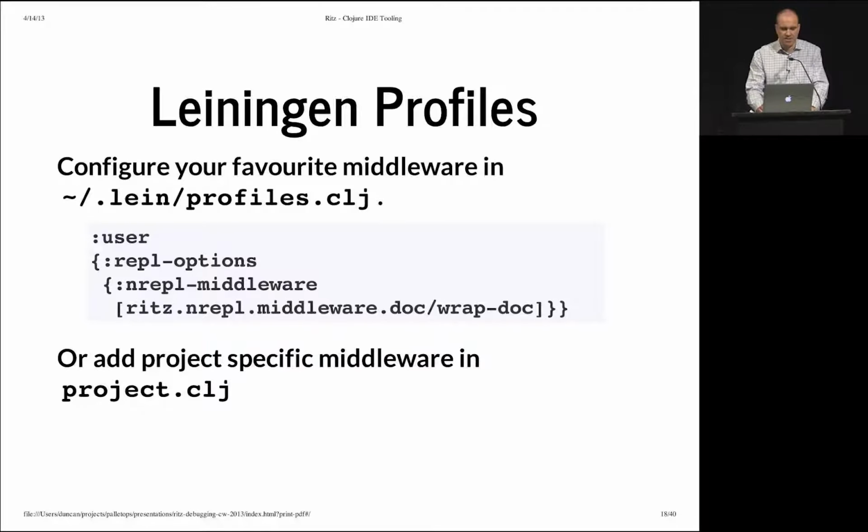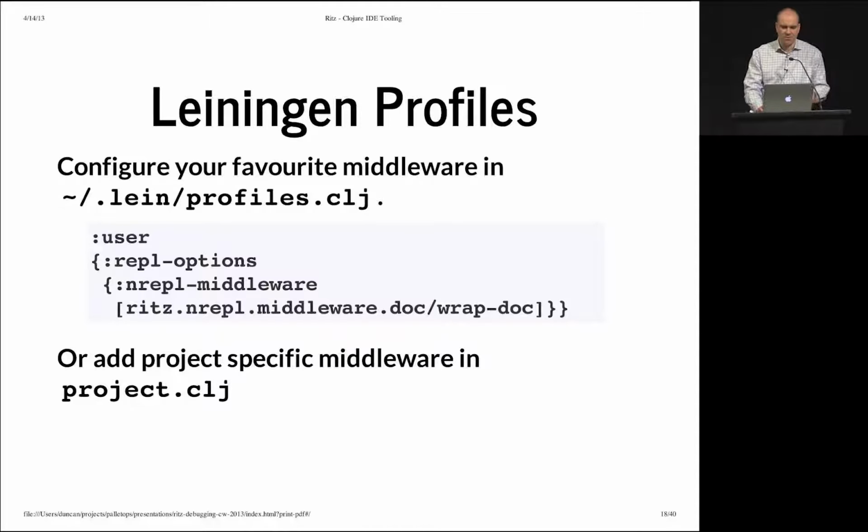Now it's going to start a REPL server within the context of this project. At this point, it's actually starting up two JVM processes, so it takes a little longer than the standard nREPL startup.